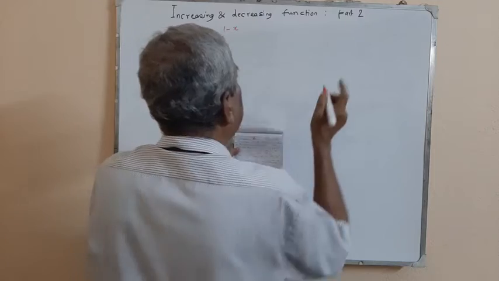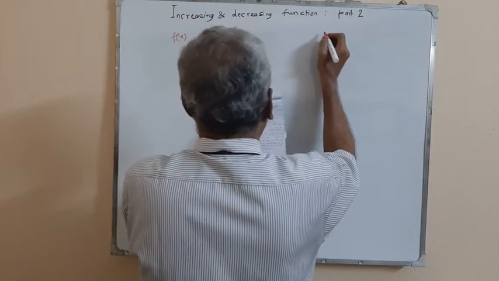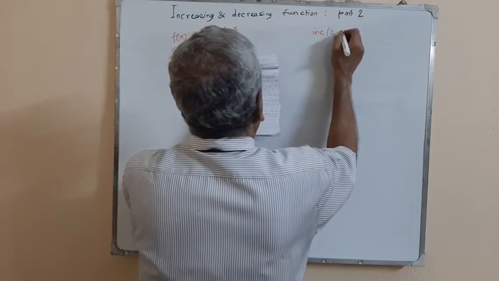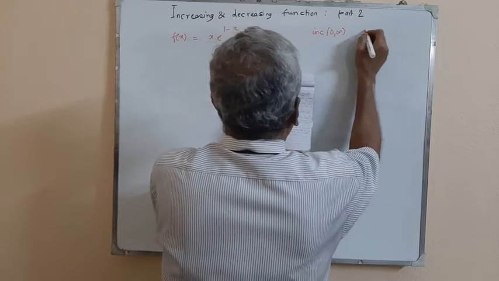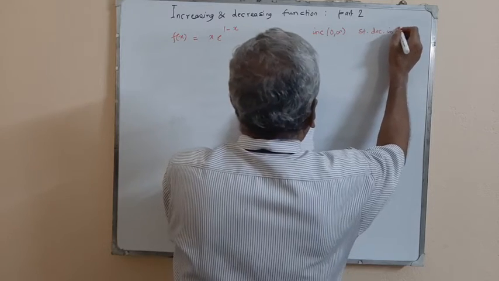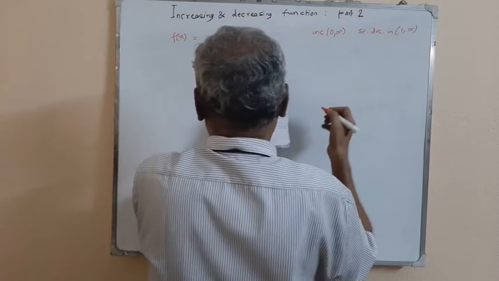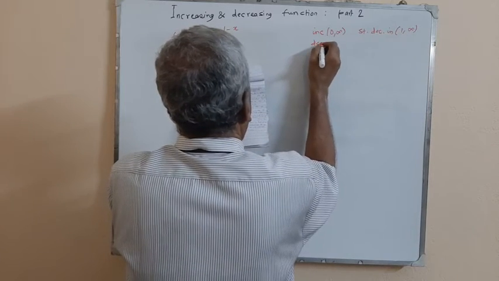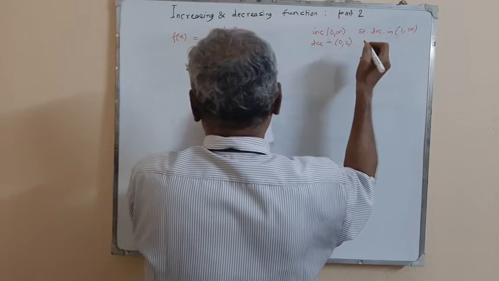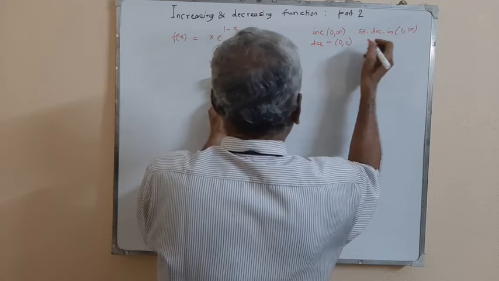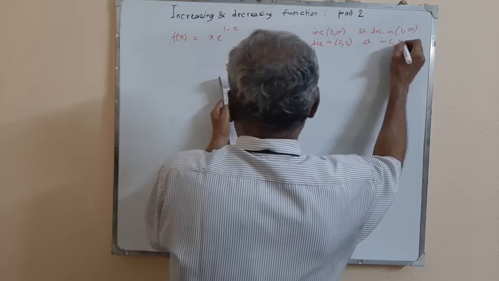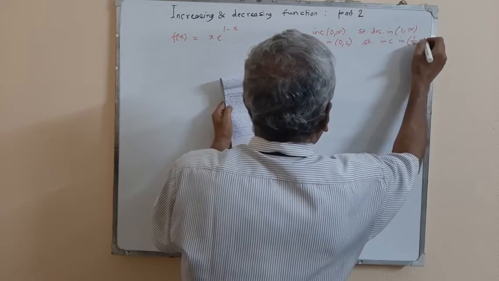First option is increasing in 0 to infinity, strictly decreasing in 1 to infinity, decreasing in 0 to 2, and strictly increasing in half to 2.